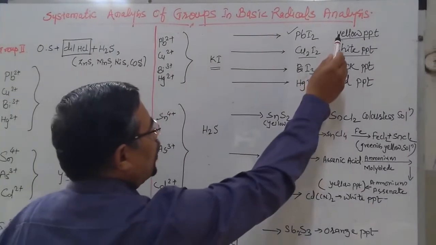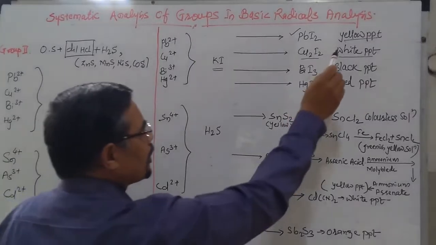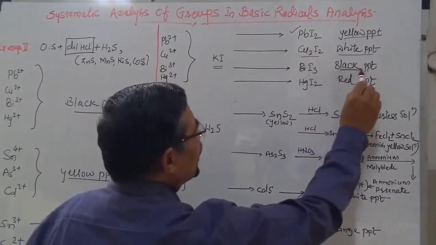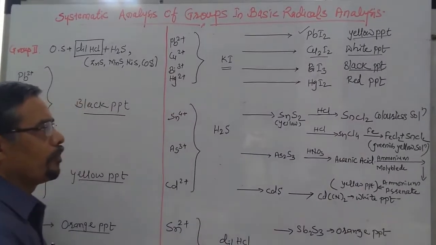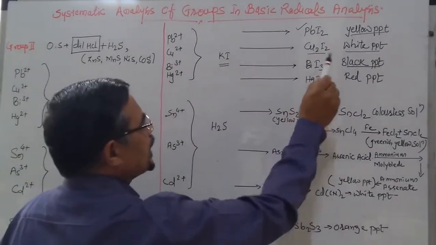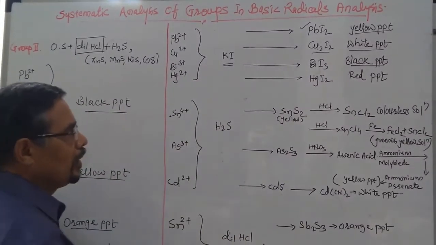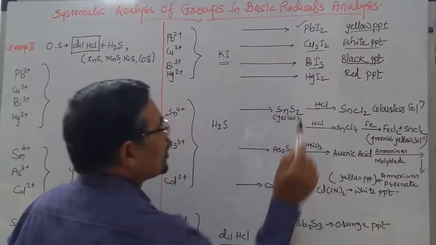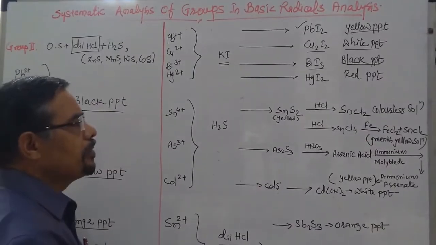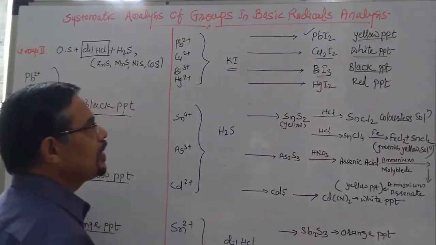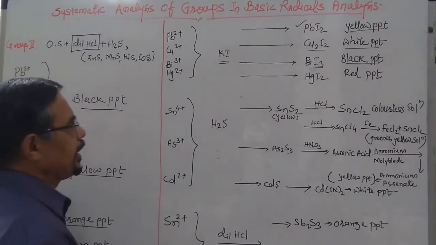If yellow colored precipitate is not formed, white colored precipitate is not formed, but a black colored precipitate is formed, then it indicates the presence of Bi3+ radical due to formation of bismuth iodide, that is BiI3, black colored precipitate.